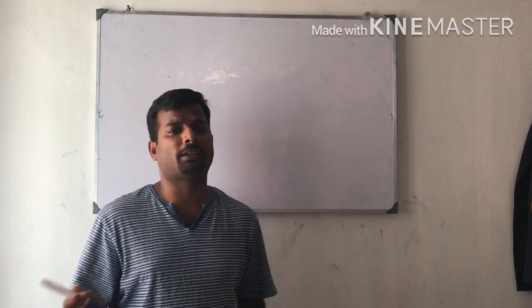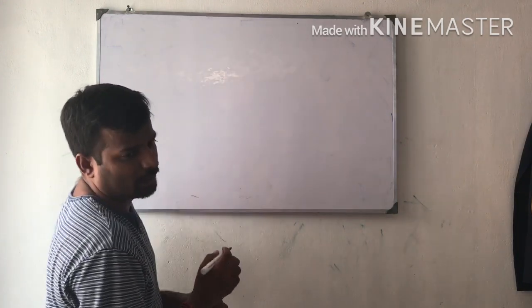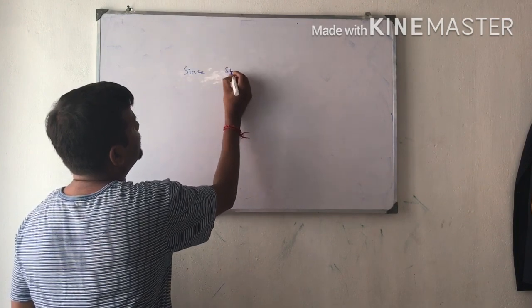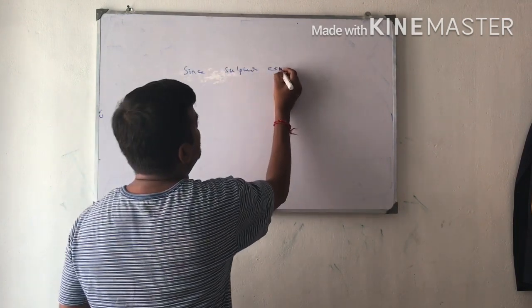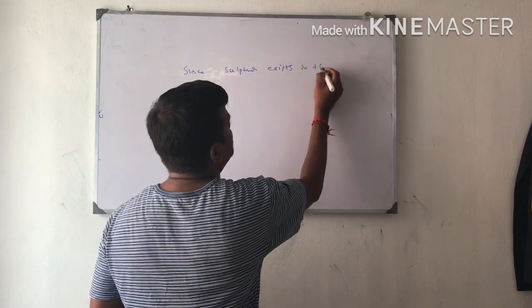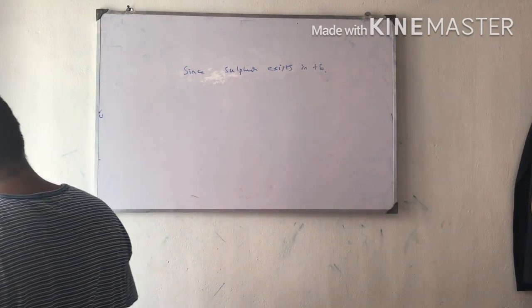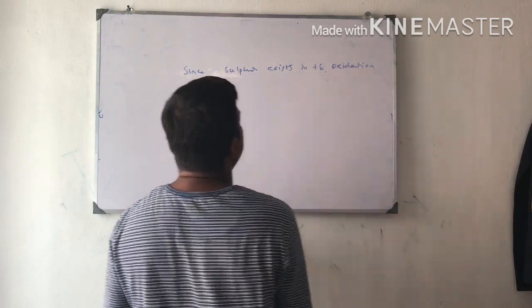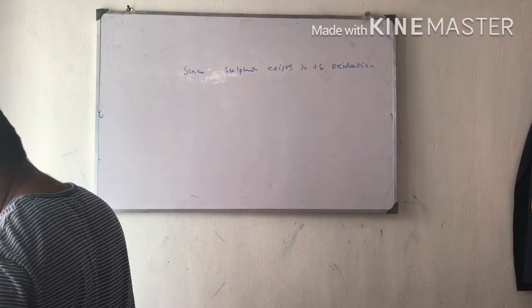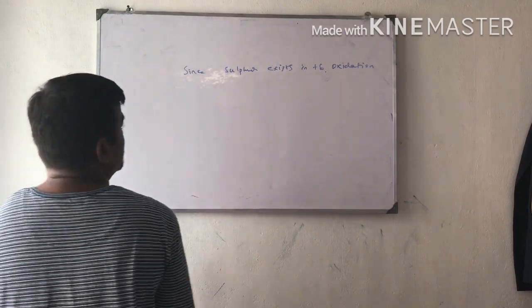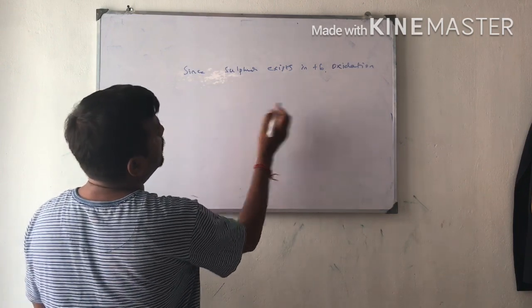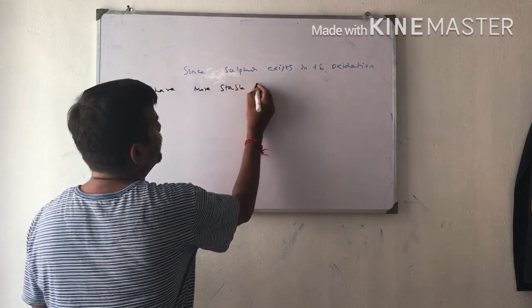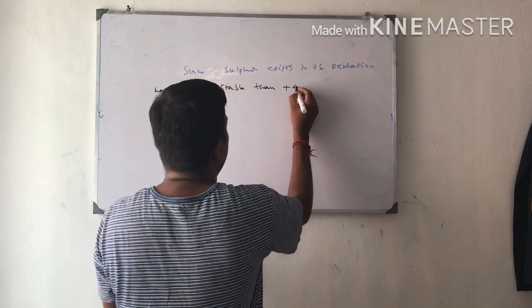Since sulfur exists in the +6 oxidation state in the trioxide, the +6 oxidation state is more stable than the +4 oxidation state.